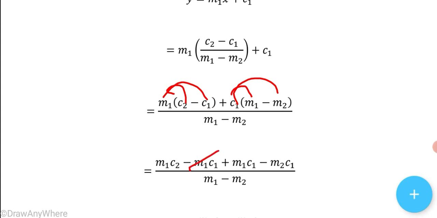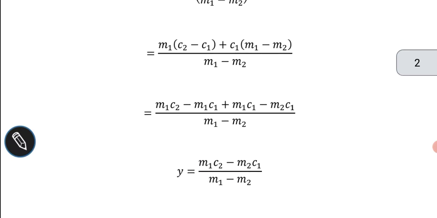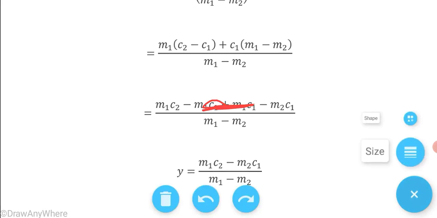Now cancel minus m1 c1 plus m1 c1, these two terms cancel each other, so y is equal to m1 c2 minus m2 c1, the whole divided by m1 minus m2.